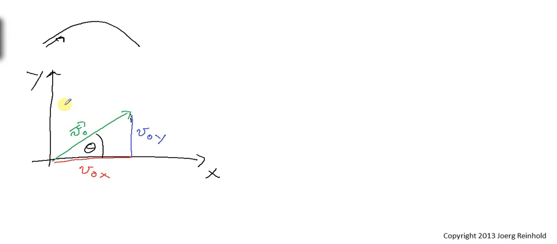Note that this piece here is the same as the x component. Likewise, this piece here is the y component. So the x component is parallel to the x-axis. The y component is parallel to the y-axis.